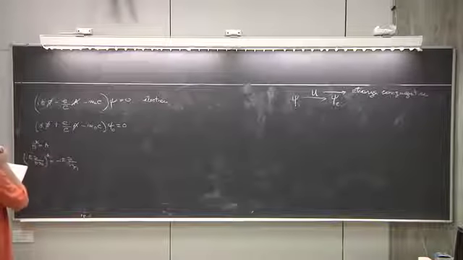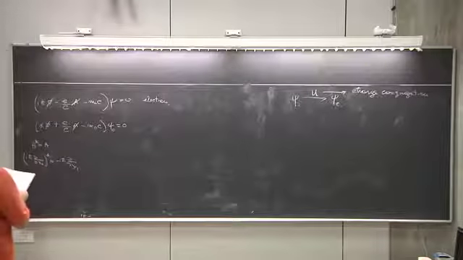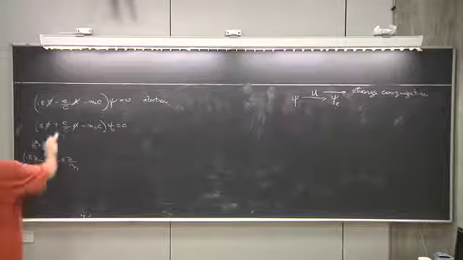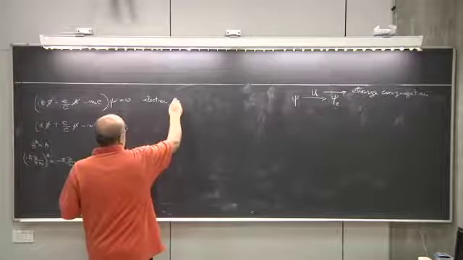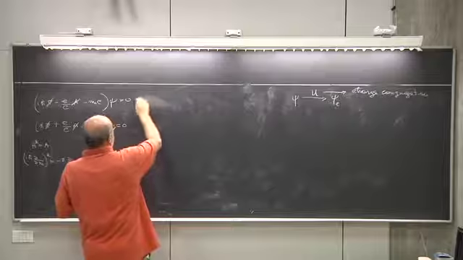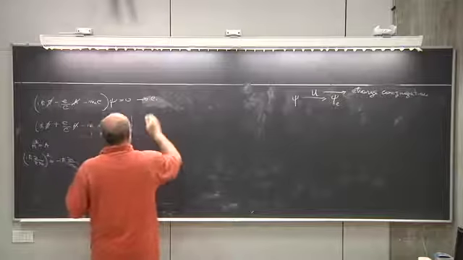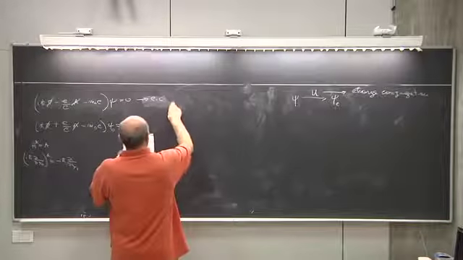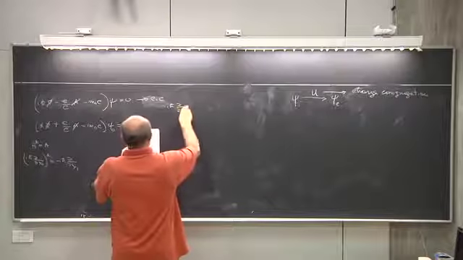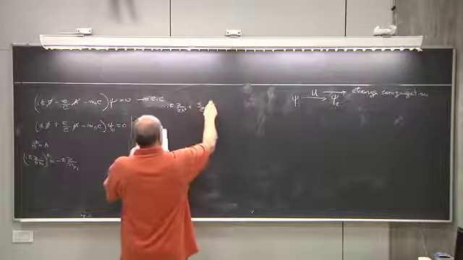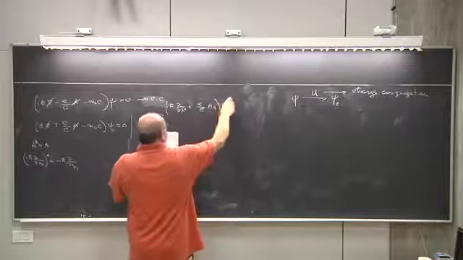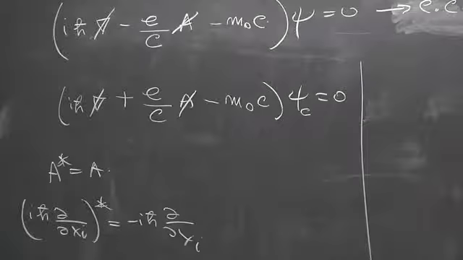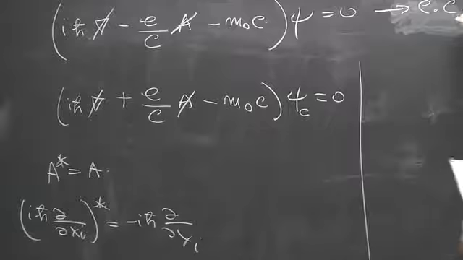So the first thing we will do is take the complex conjugation of this equation. So let's take the electron equation. The first step we do is complex conjugation. Then we get the following equation: (−iħ∂_μ + (e/c)A_μ) γ^μ star + M0c, all applied on ψ star.